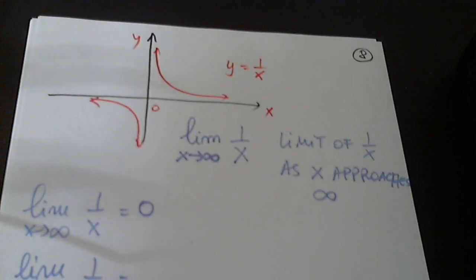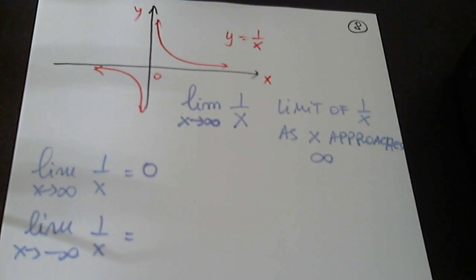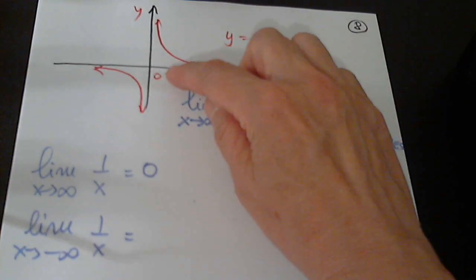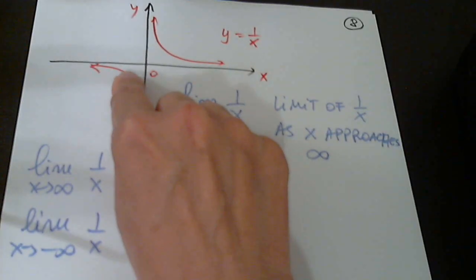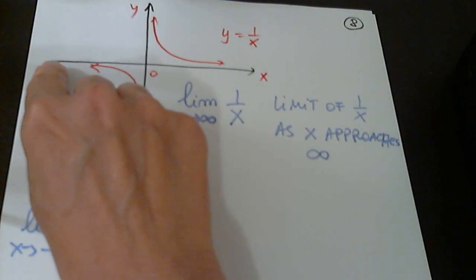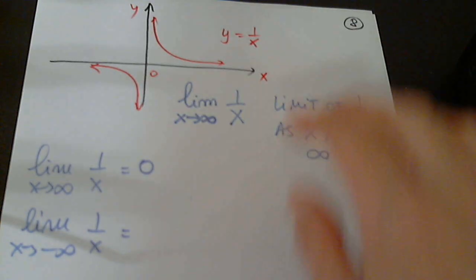Limit as x approaches negative infinity of 1 over x. I started with this example because we already talked about it. As x approaches negative infinity, the function values get closer and closer to the tendency, not the actual value.